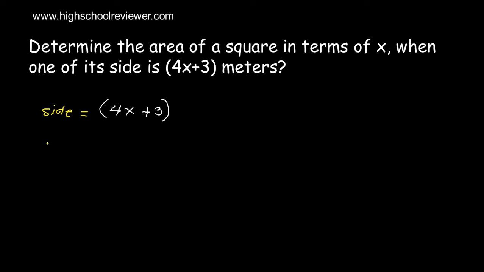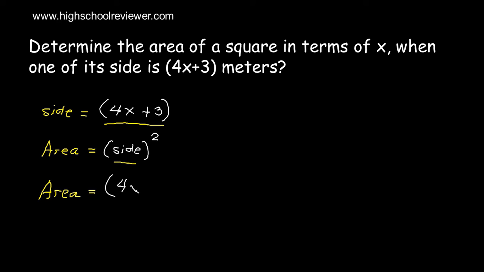We know that the formula for the area of the square is area is equal to side raised to the power of 2. We are now going to substitute the quantity of 4x plus 3 to the variable side in the formula of area. Substituting, we will have here area is equal to the quantity of 4x plus 3 raised to the power of 2.